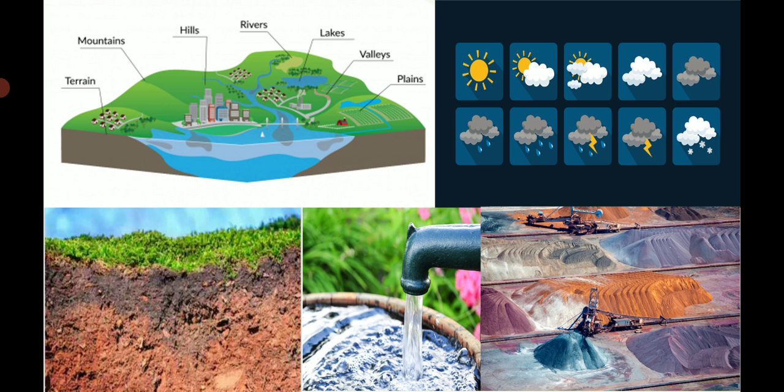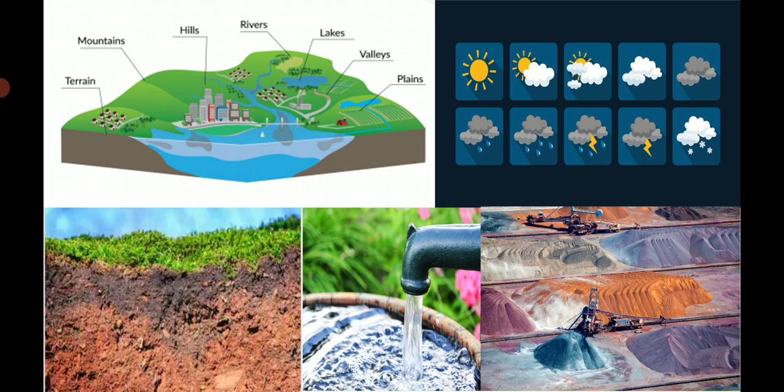On your screen you can see the factors affecting the distribution of population, like the terrains and the various climate regions.